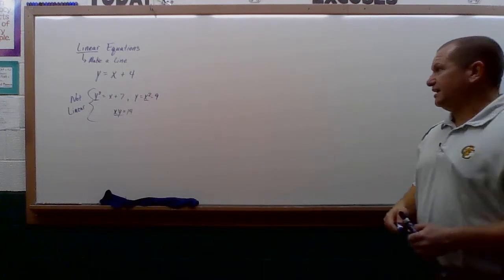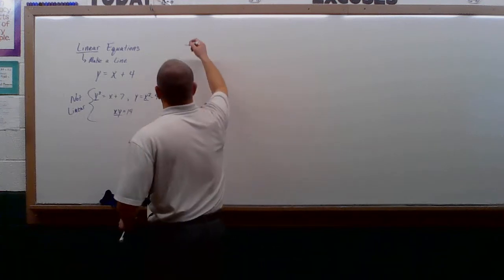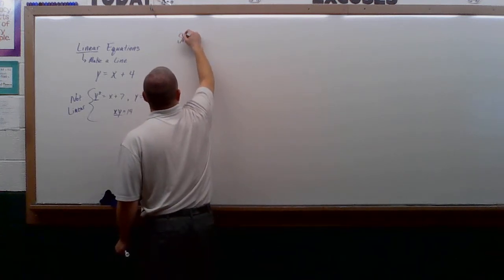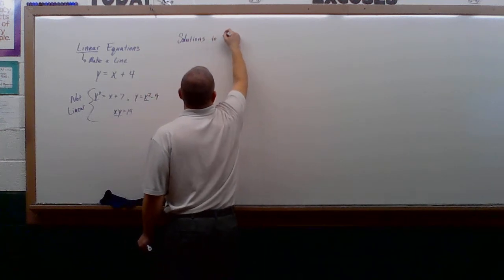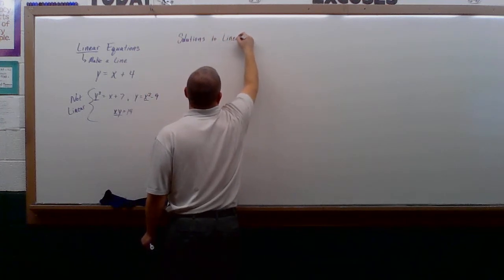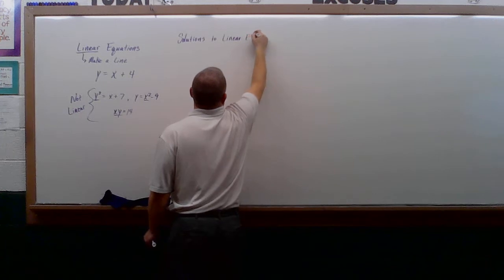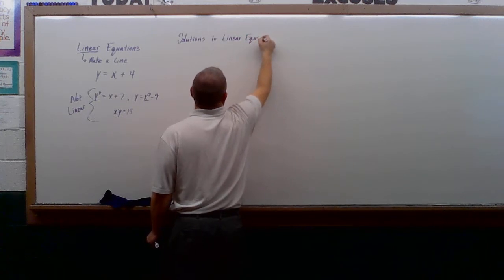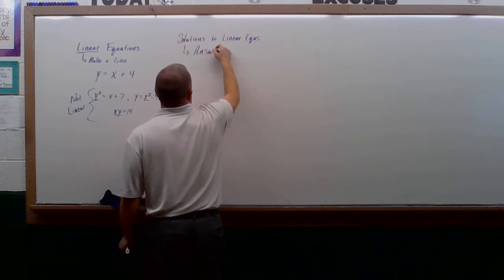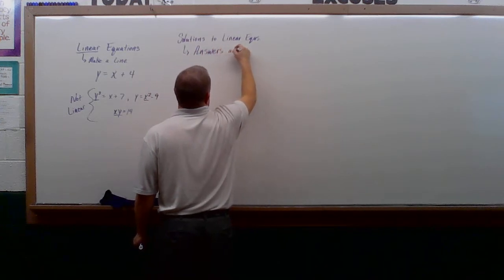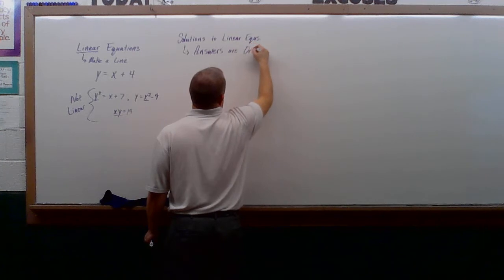So what we're trying to find in this section is the solutions to linear equations. And when you think about solutions, that means we're looking for the answers. And the answers in this case are ordered pairs.